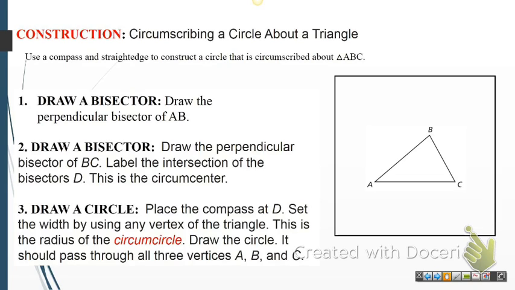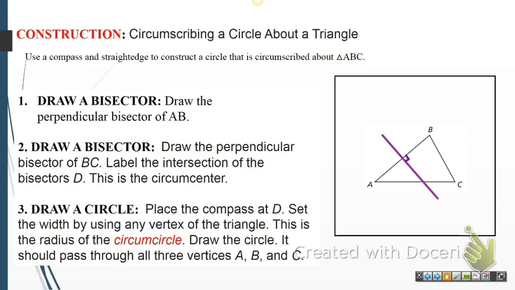So, circumscribing a circle about a triangle. If we want to draw a circle that goes around this triangle, the first thing we're going to have to do is draw the perpendicular bisector of AB. I'm using my compass to find the perpendicular bisector.